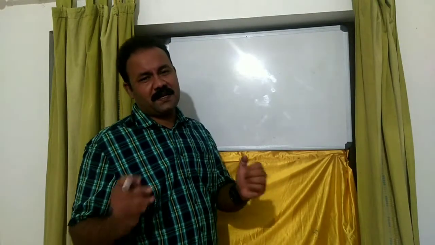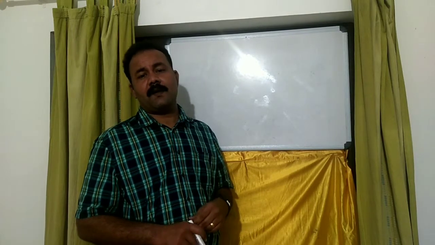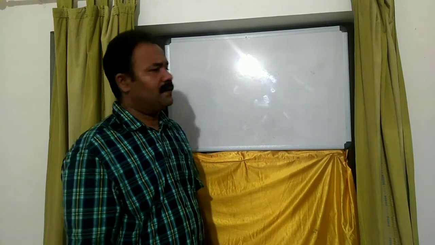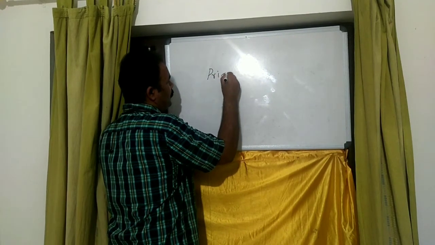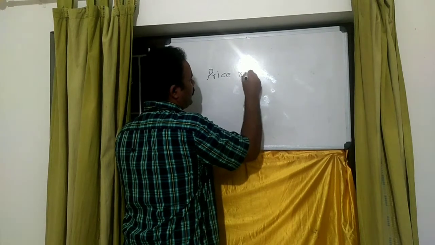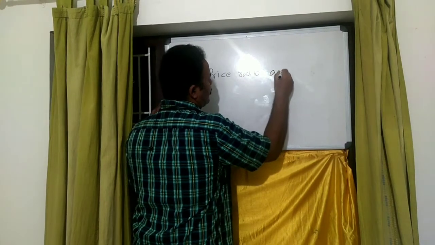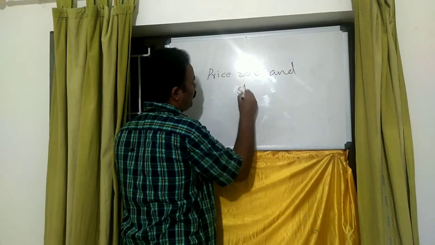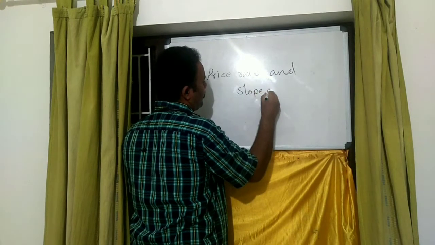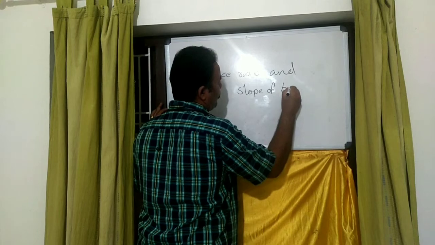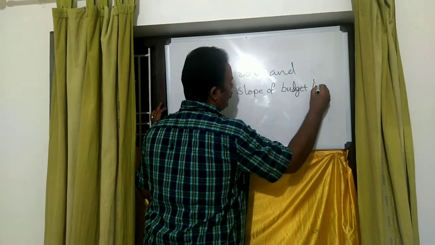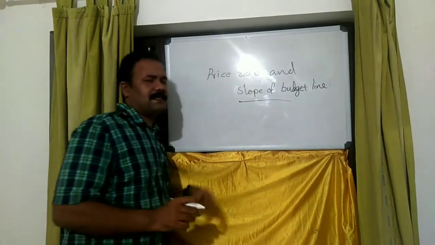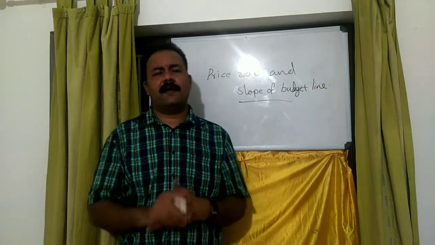Then we want to discuss the price ratio and slope of the budget line. Okay, what is the price ratio here?